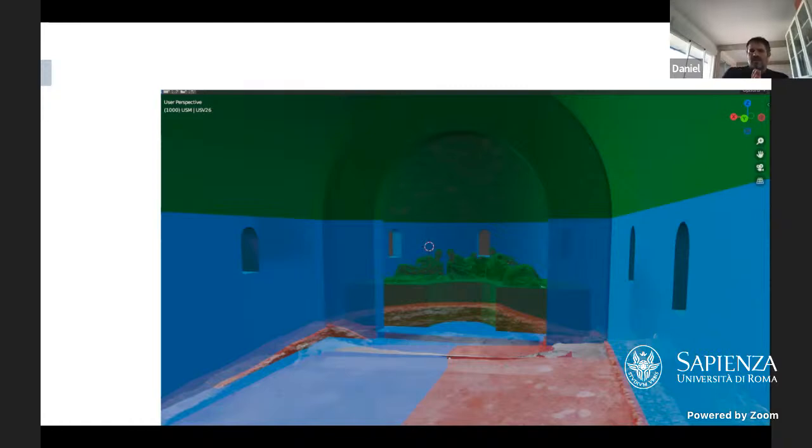To finish with this part dedicated to the extended matrix, I mentioned before that we used motion capture and virtual characters in order to enhance our work here.